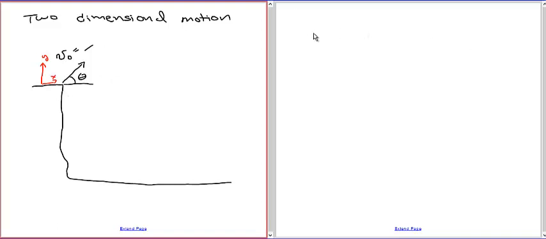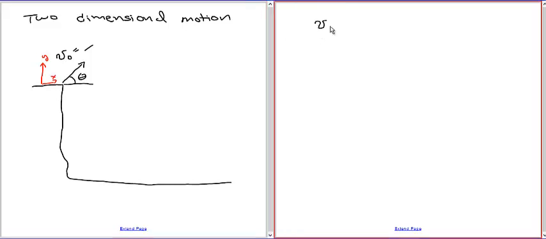So the vector part of two-dimensional motion is we break up the initial velocity into two components.